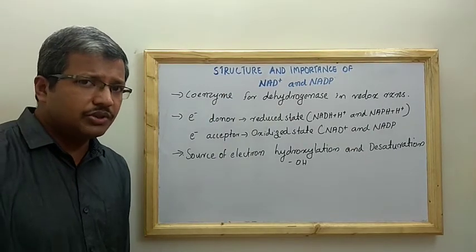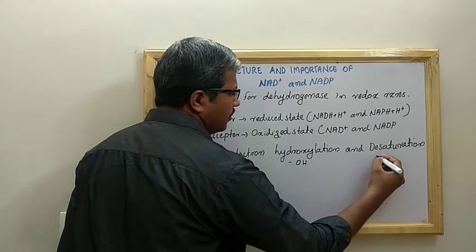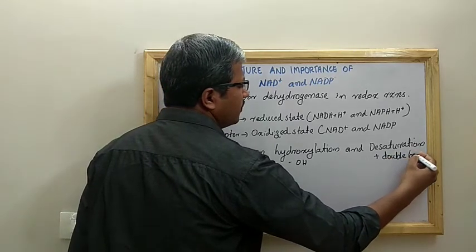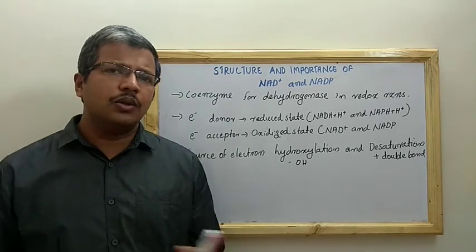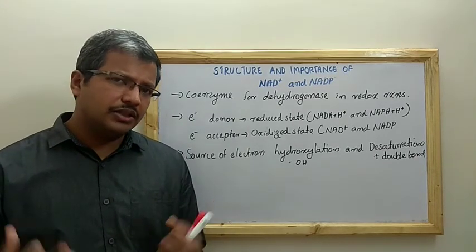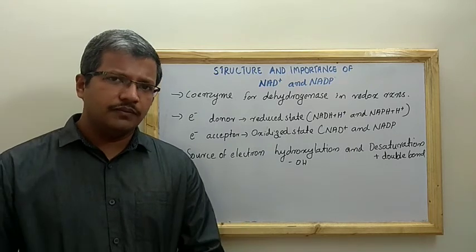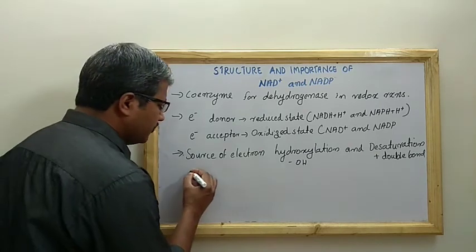What is desaturation? It is nothing but the addition of a double bond. So it acts as the source of electrons for hydroxylation and desaturation of what kind of molecules? Aromatic and aliphatic compounds.